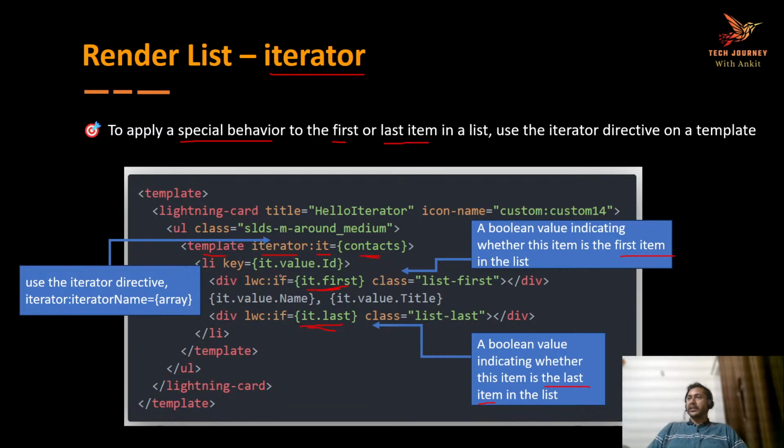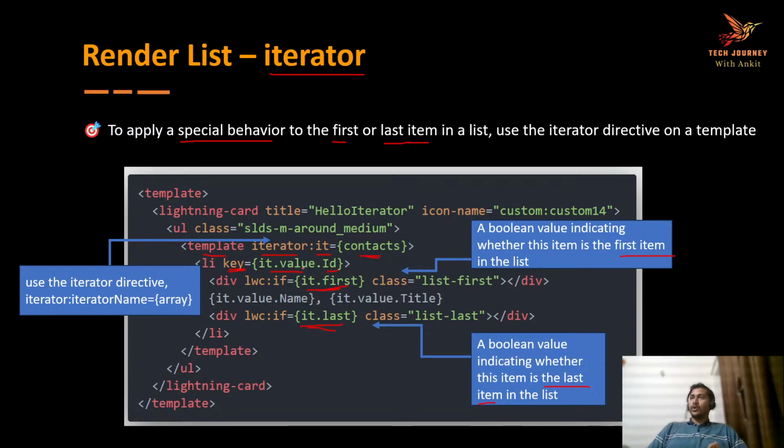Now the next thing here is that again you have to specify the key, like we did in the for each loop. Like I said previously, here also the key will be unique.